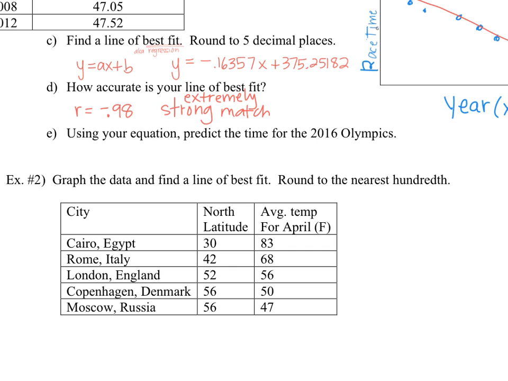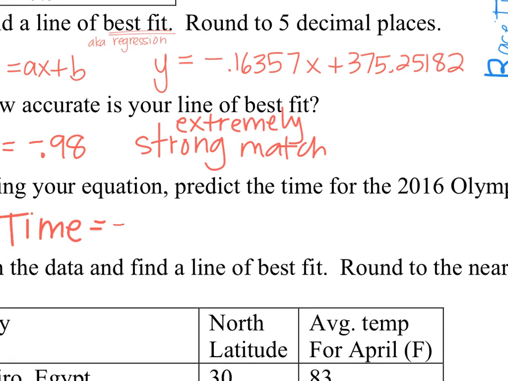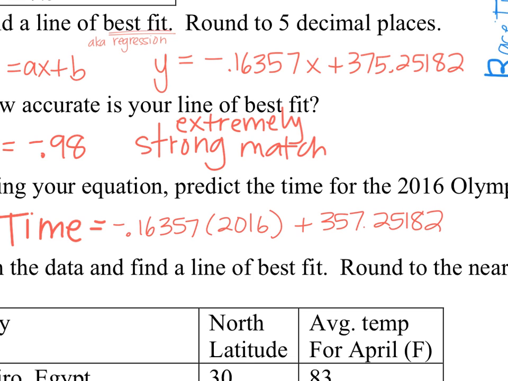L1. And what variable is L1? X. So I'm going to put the year 2016 into my line of best fit equation. The time is going to be, in my line of best fit equation, negative 0.16357, and then for X, I'll put 2016, and then 375.2518.